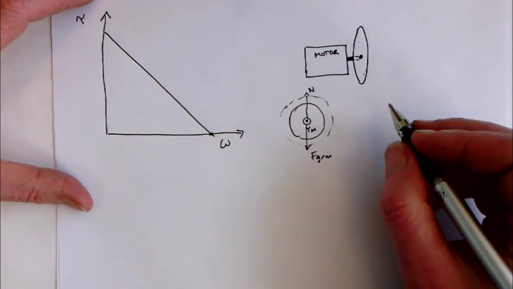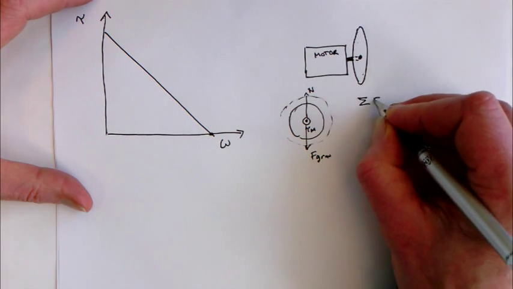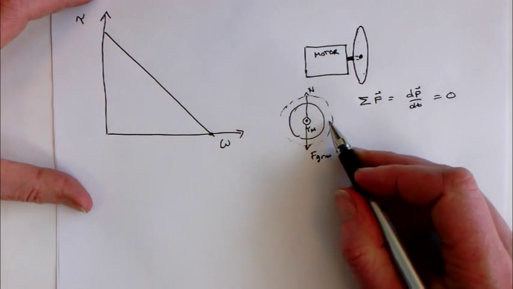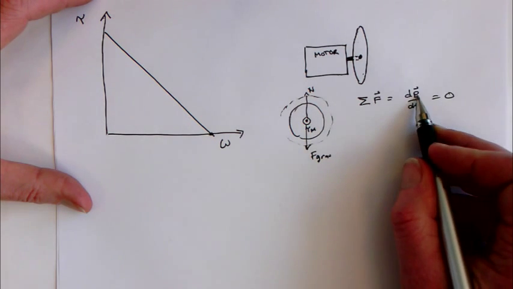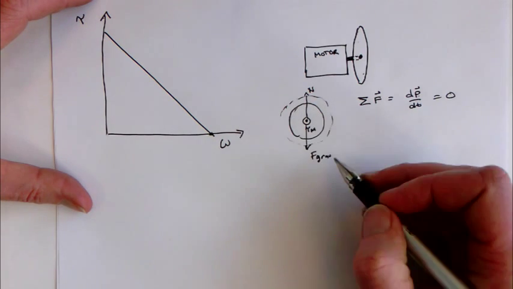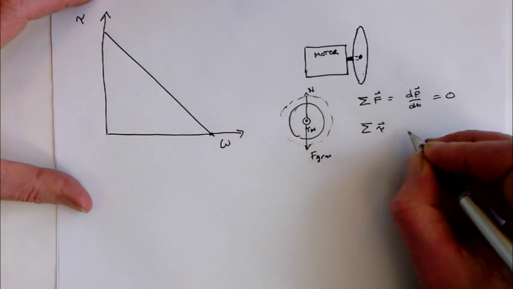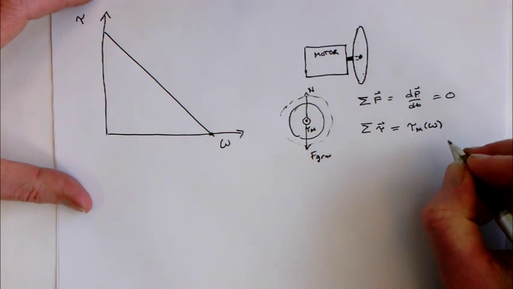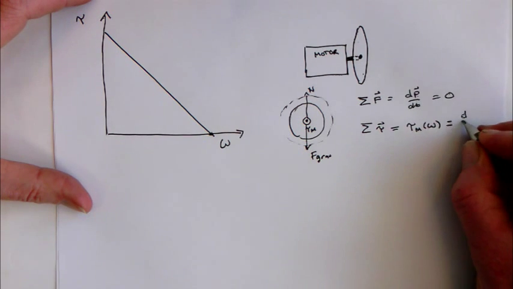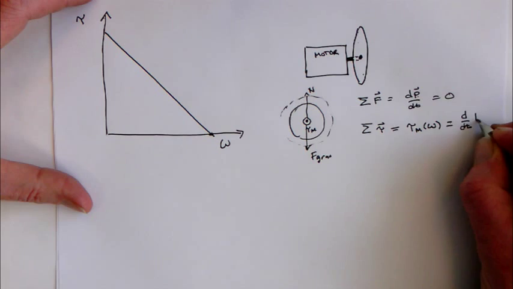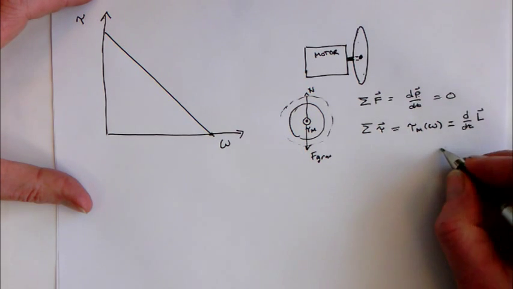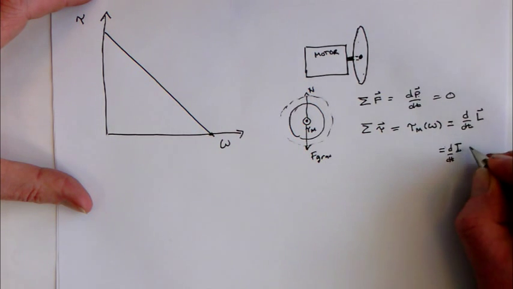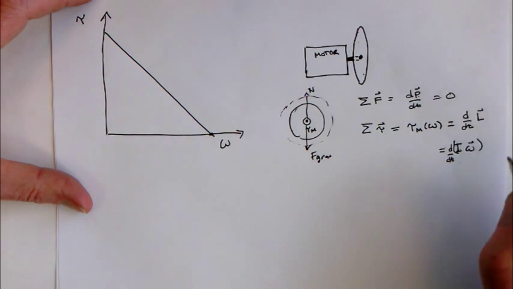So I could go ahead and write the governing equations for this system. The sum of forces is equal to the time rate of change of linear momentum, which would be 0, because it's not accelerating, the momentum of the system is not changing, and because these two forces offset each other. Whereas the sum of torques would simply be the torque of the motor as a function of the current value of omega, and that has to be equal to the time rate of change of the angular momentum of the system. Since the wheel is simply spinning, the angular momentum is the moment of inertia of the wheel times the angular velocity of the wheel.